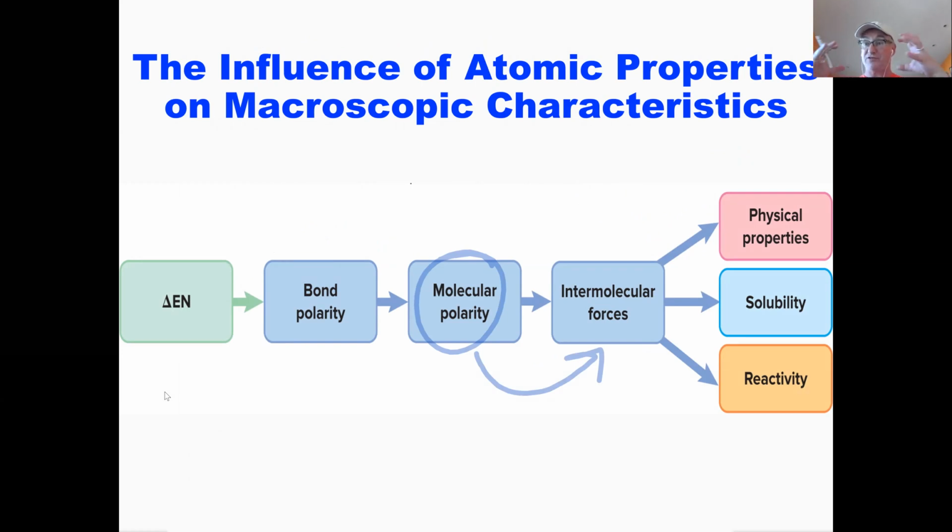Polar molecules attract each other, and that makes sense because they have slightly positive and slightly negative sides. We know that water molecules attract each other because they have slightly positive and slightly negative sides. The slightly positive interacts with the slightly negative. That changes their physical properties. That's why water boils at such a high temperature, and something like gasoline that's completely nonpolar boils at a much lower temperature.